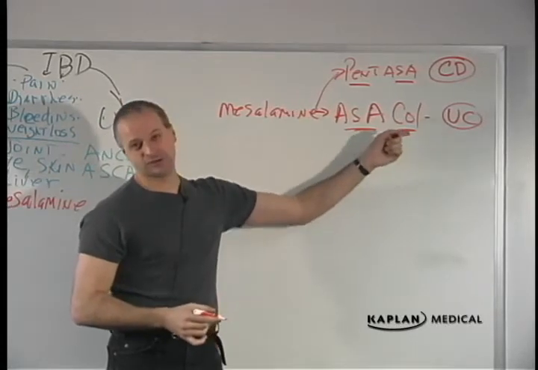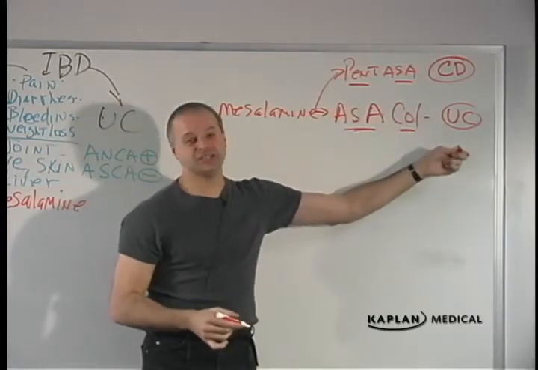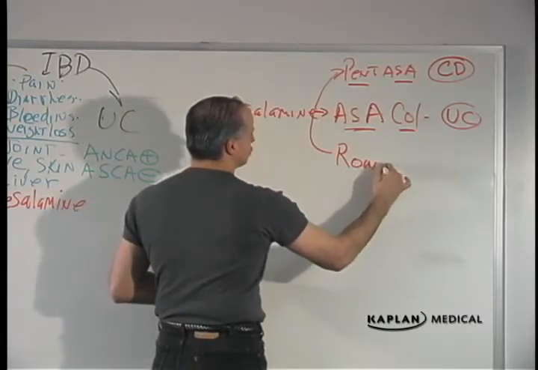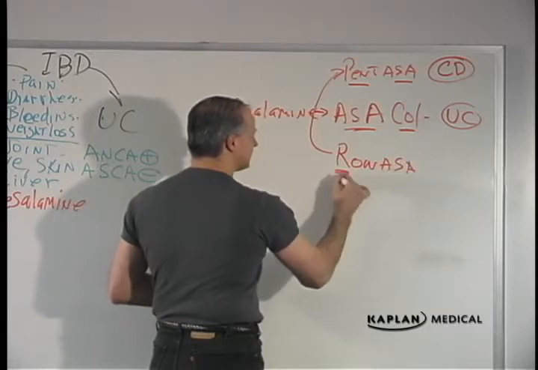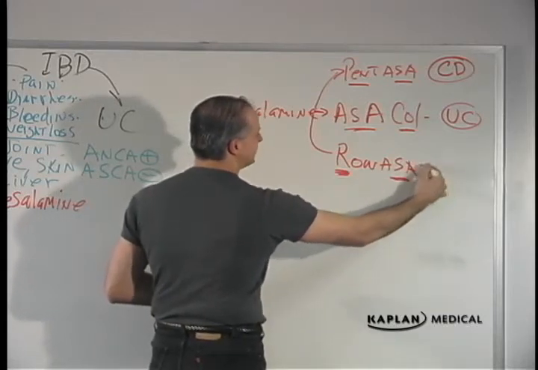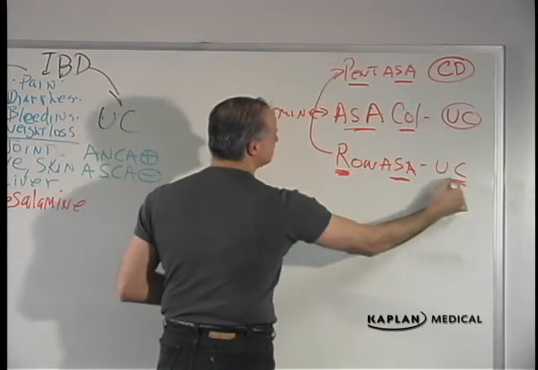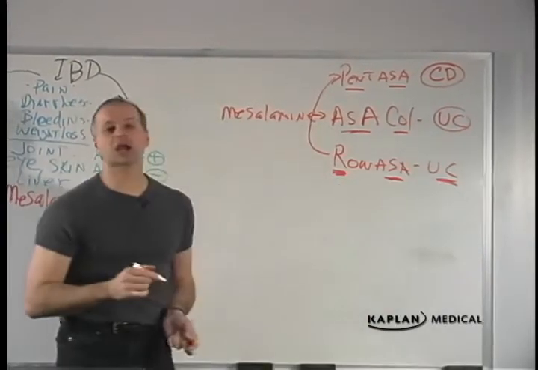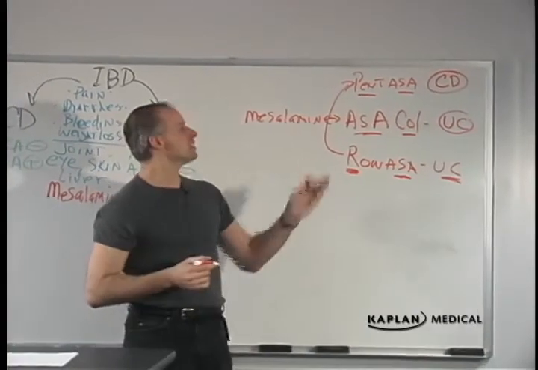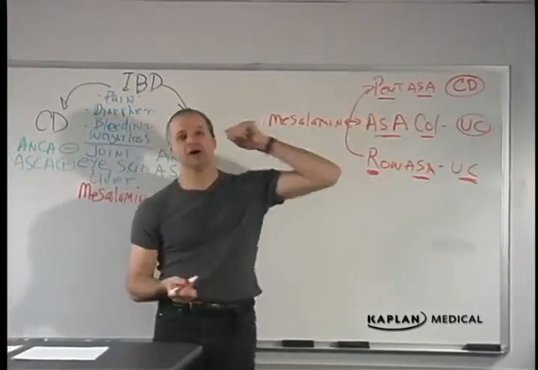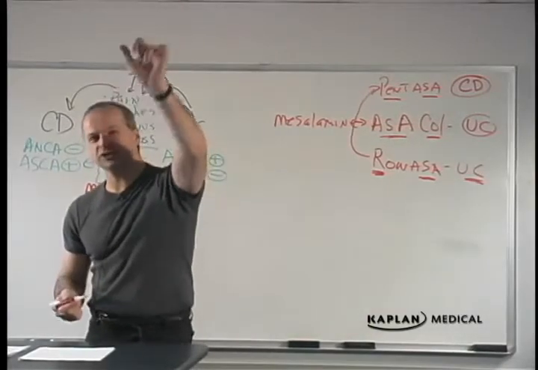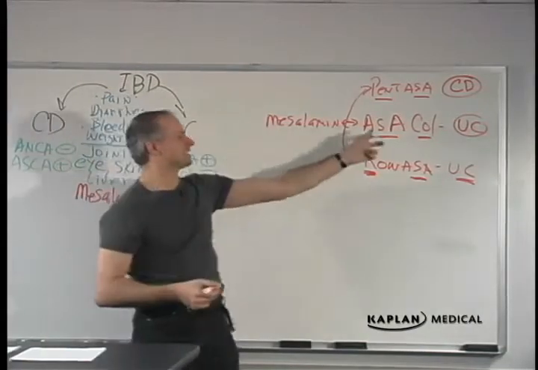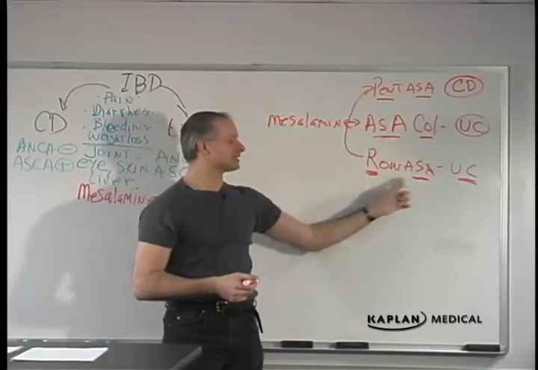The other one is Rowasa, rectal ASA, rectal acetyl salicylic acid. This is useful only for the most distal ulcerative colitis. Pentasa for all 5 parts of the bowel: stomach, duodenum, ileum, jejunum, and colon. Asacol, colonic ASA. Rowasa, rectal ASA.